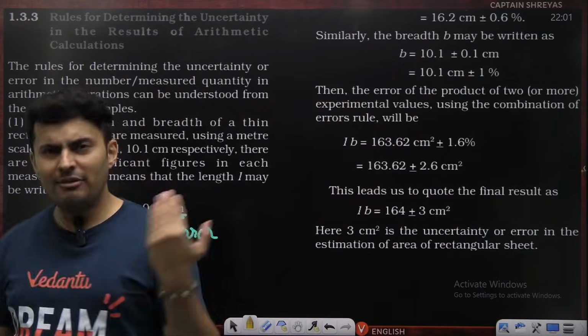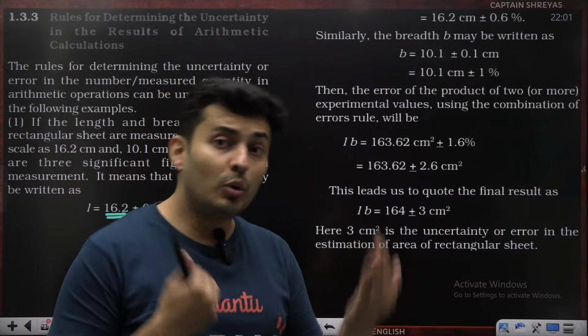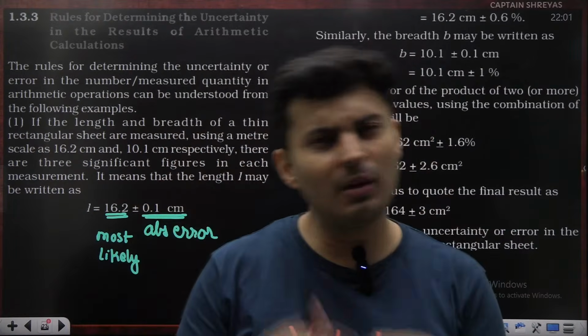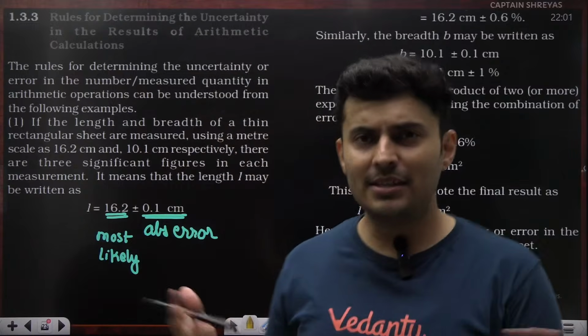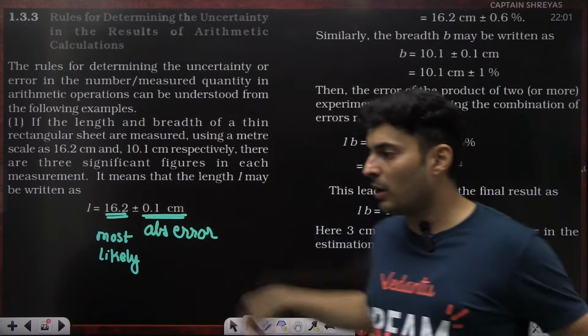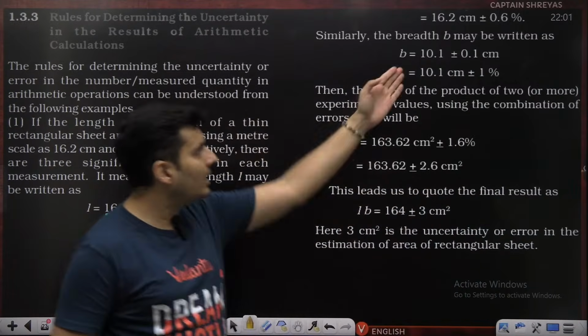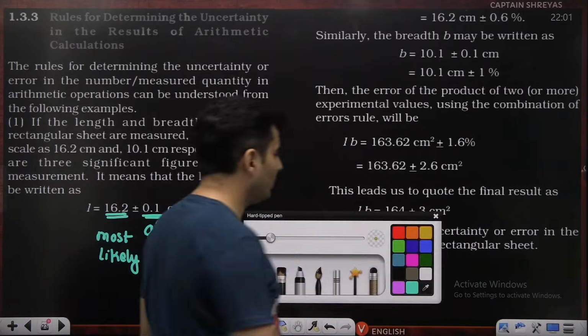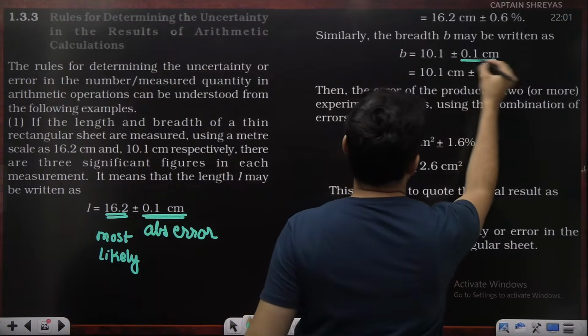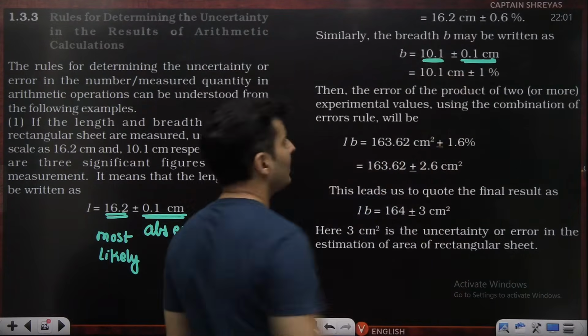Now, if everything has error, all those things which depend on these quantities will also have error. Imagine somebody was measuring the area of a sheet. They measure length to be this. They measure the breadth to be this. You can again see this has some error here. This was the most likely value.